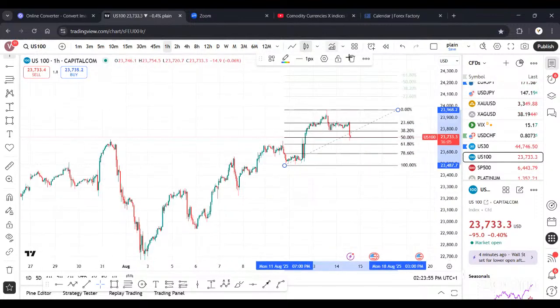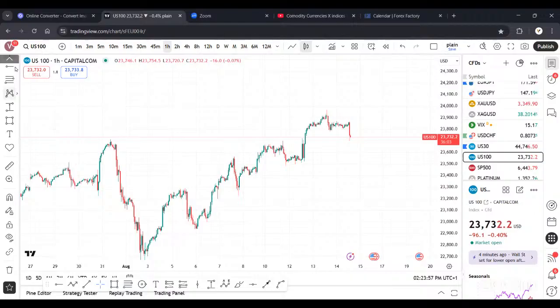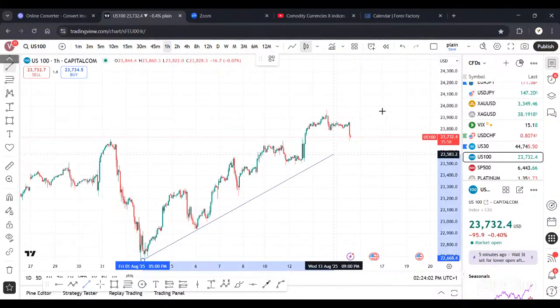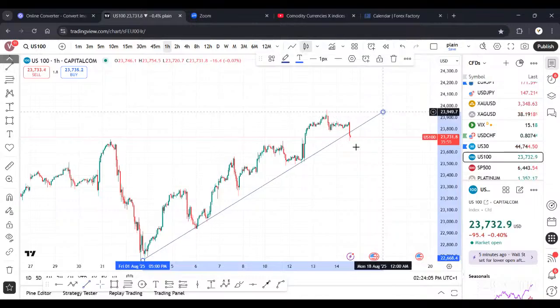The flip side is that truly it could be that the sell has started because you have a build-up of liquidity, diagonal liquidity here, right? You have a build-up of diagonal liquidity, right?